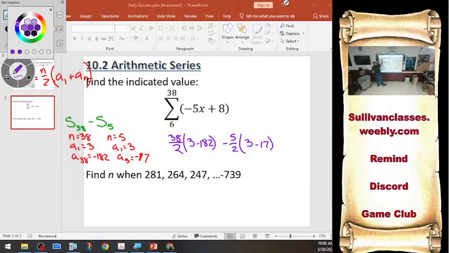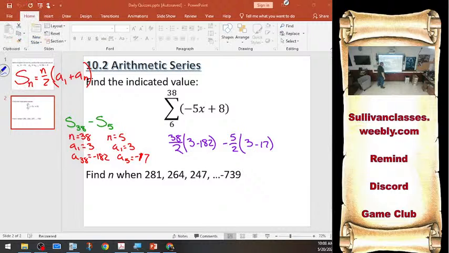Or, instead, I could just pretend that this is my first term and say n is thing, a sub 1 is thing, a sub n is still a sub 38. That won't change. But if I'm starting at the 6th term, how many total terms do I have? 33.